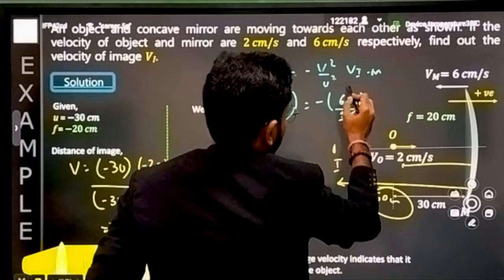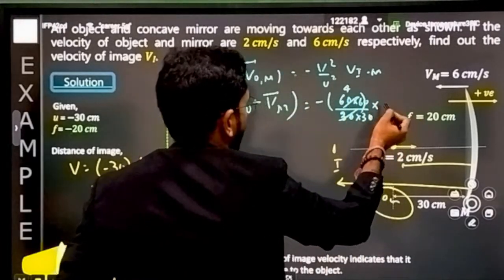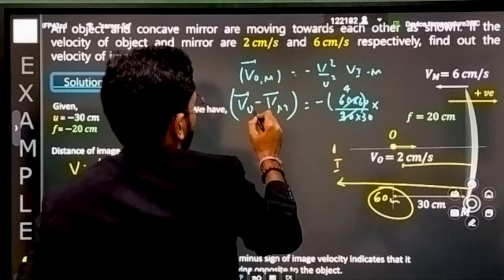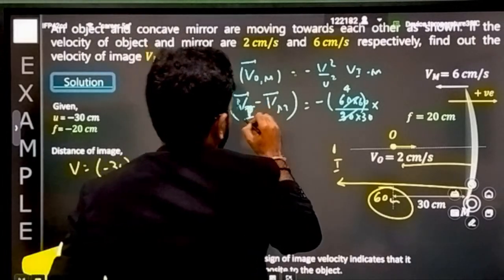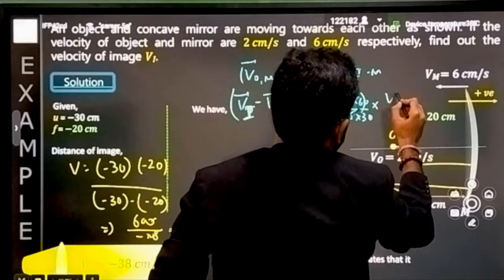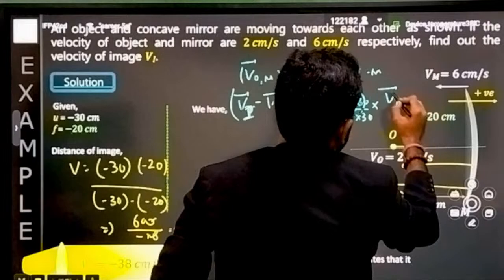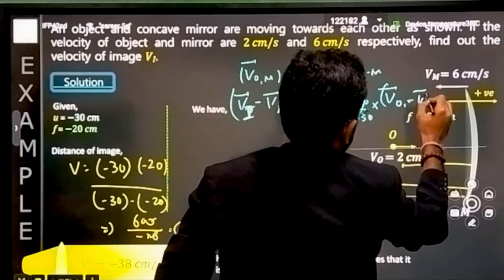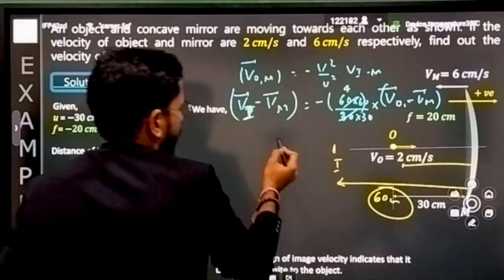That means basically it is going to be 4 into velocity of image here, and here it will be velocity of object minus velocity of mirror. Clear?